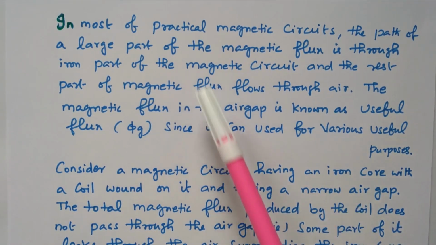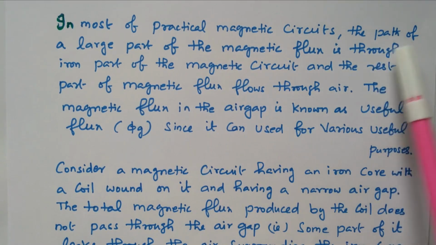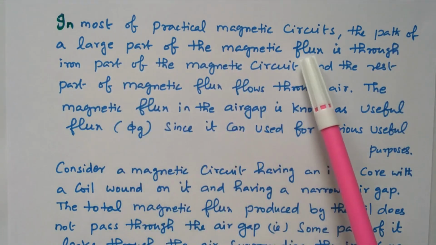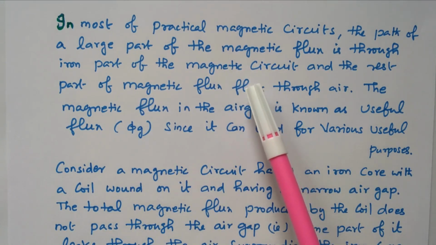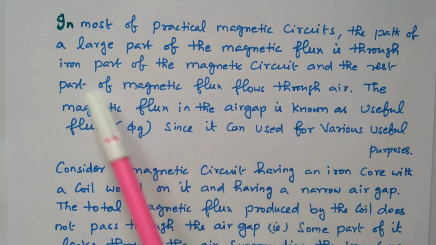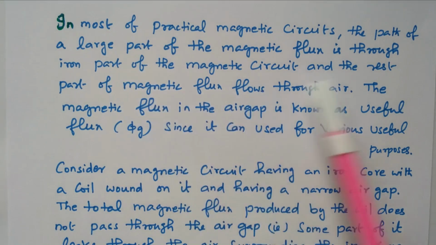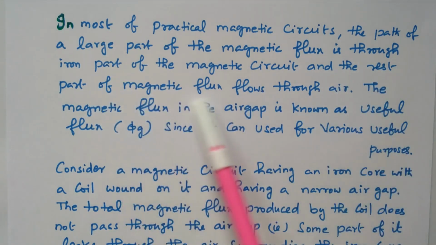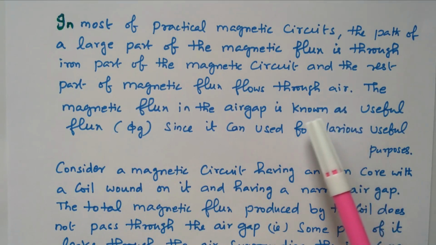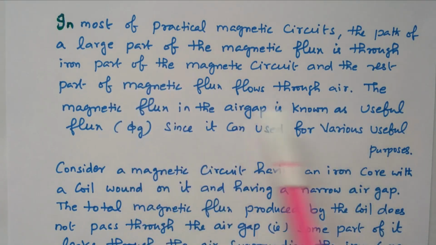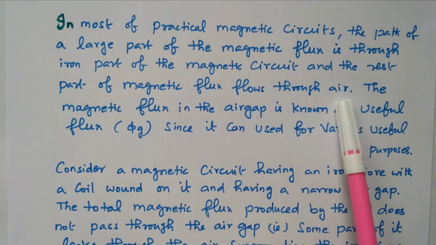In most practical magnetic circuits, the path of a large part of the magnetic flux is through the iron part of the magnetic circuit. So, normally the flux is flowing through the iron part. In the rest of the part, the flux is flowing through the air, that is called the air gap. Mostly it is flowing through the iron core, few of them will flow through the air.